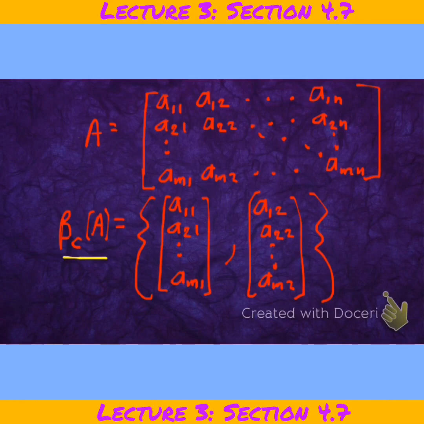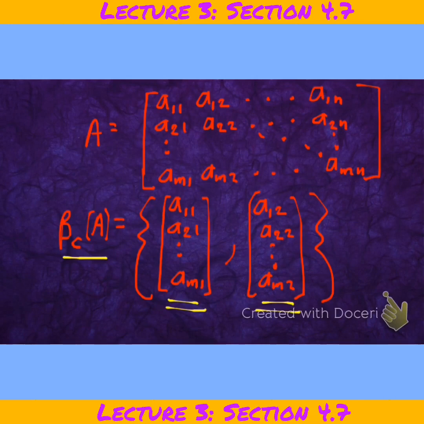Now what this means is that because this is set as a basis for the column space of A, those two vectors, this one and that one, are linearly independent.